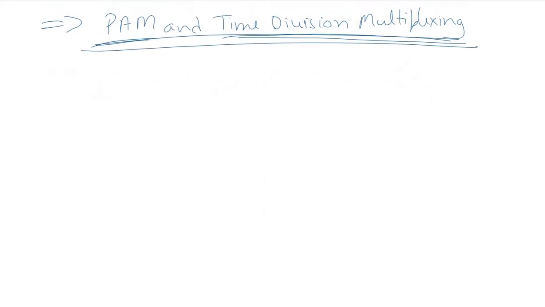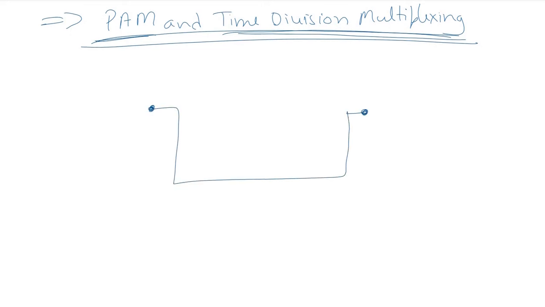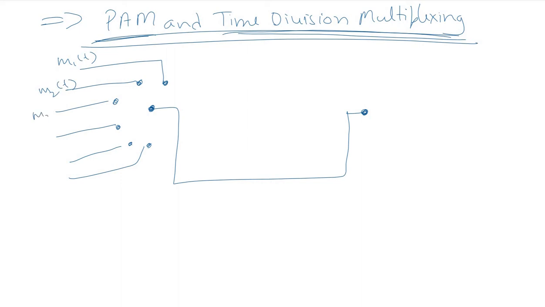Let me first draw a typical time division multiplexer. We have a commutator at the transmitting end, and a decommutator at the receiving end. And one D, two D, and three D. So these are the 6 different message signals that are to be transmitted simultaneously over the same channel. This is your communication channel.